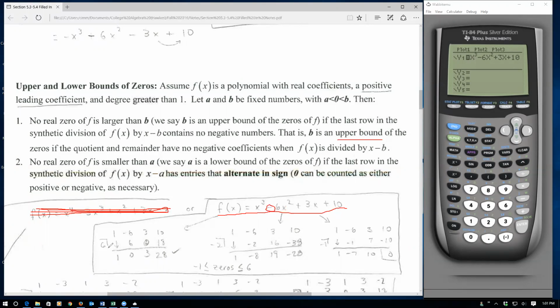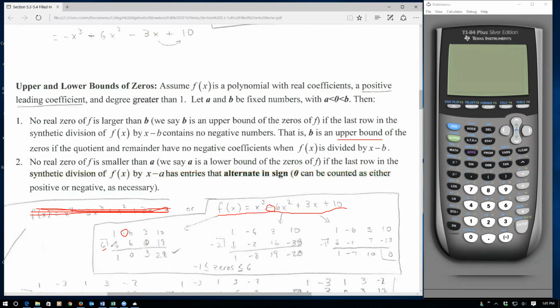So I'm going to write the coefficients of the polynomial down here. If I want this -6 to be gone, I bring down my 1. If I multiply by 6, that is going to add to the smallest number that can be positive. Remember, 0 can be positive or negative. That's why I chose a 6.